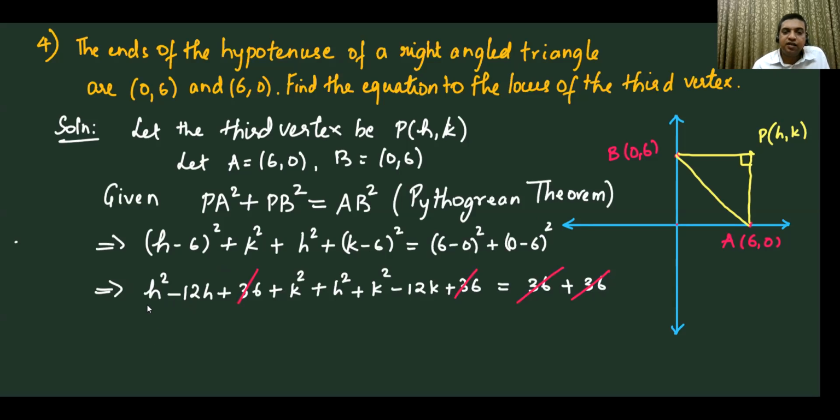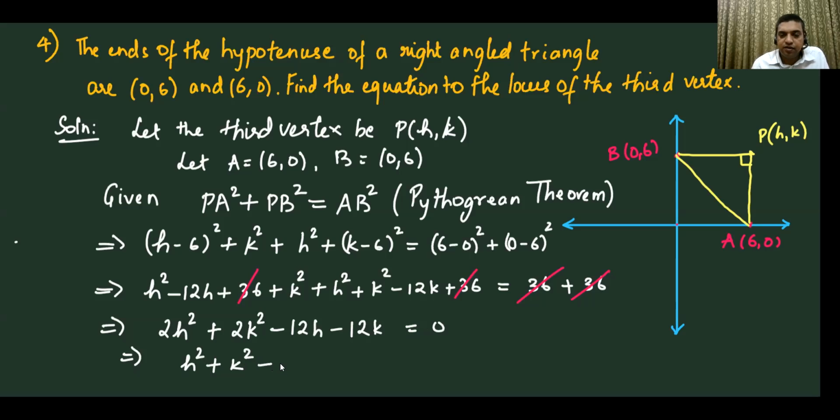Next, there are two h squares, so you get two h squares, and there are two k squares, so you get two k squares. And you have minus 12h minus 12k equal to 0. So divide by 2 throughout: h square plus k square minus 6h minus 6k equal to 0.